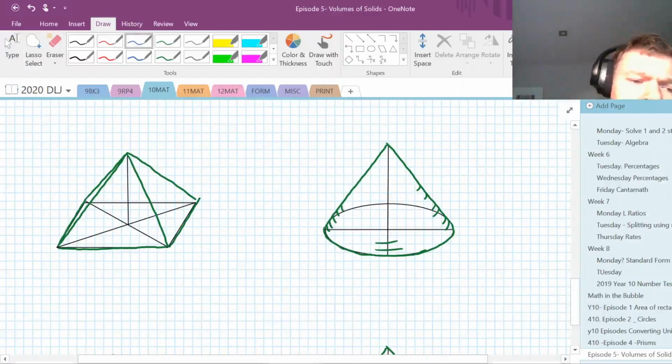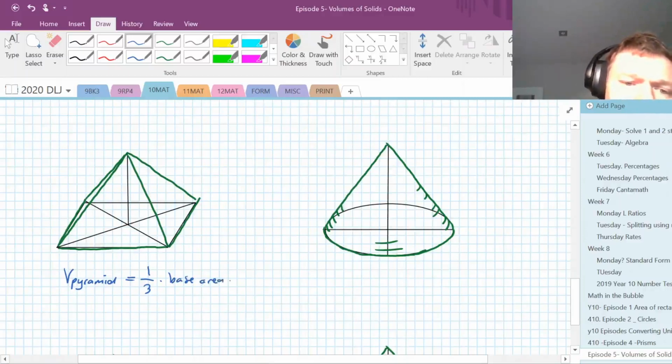So to get the volume of a pyramid, you have 1/3 of the base area times the height.